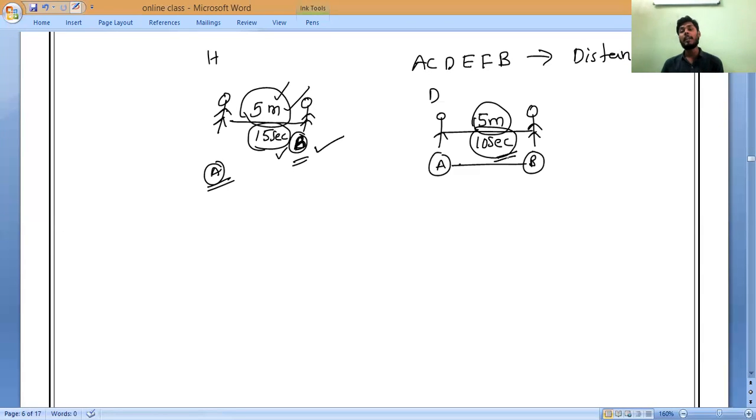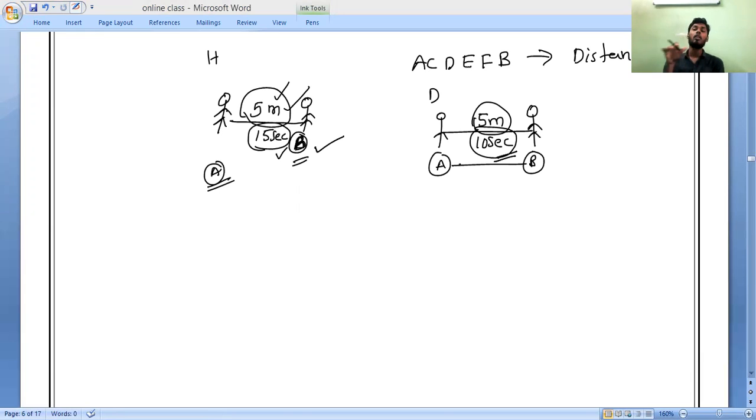Now, speed is just one of the physical quantities, meaning it is the distance traveled per given unit time. That is what we call speed. So the distance traveled by a body in a given period of time is called speed.